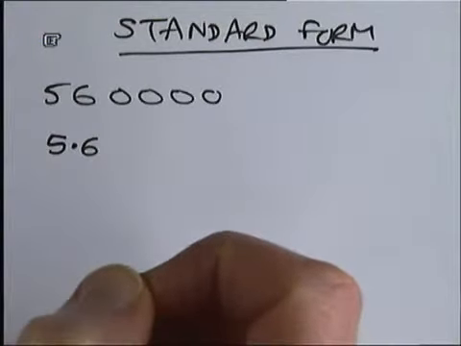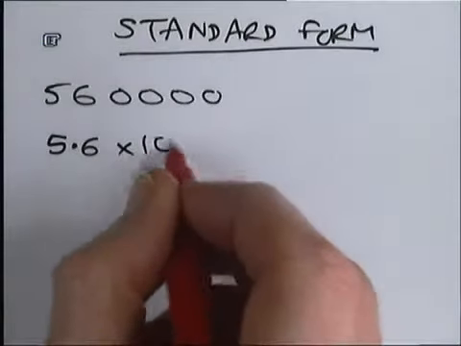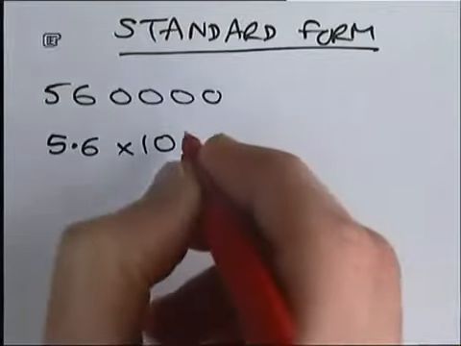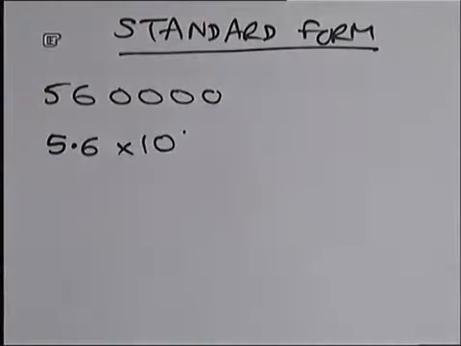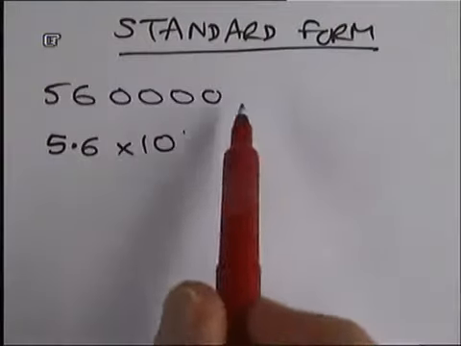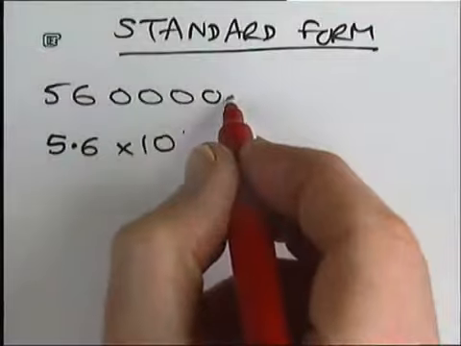It becomes 5.6. I now always write down times by 10. And I write a power up here. And that power is how many positions the decimal point has moved from the starting number to the number I've got here. Now originally the decimal point must have been here at the end.